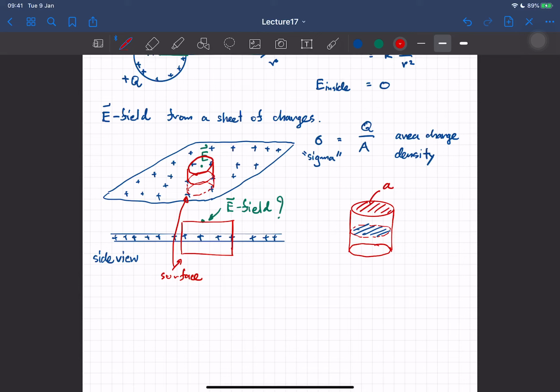Right? This is kind of chosen arbitrarily. It can be any other area, but I chose it to be a. And that's going to be true for the lid, which is beneath the sheet, right? So this blue one, this is the charge sheet here.